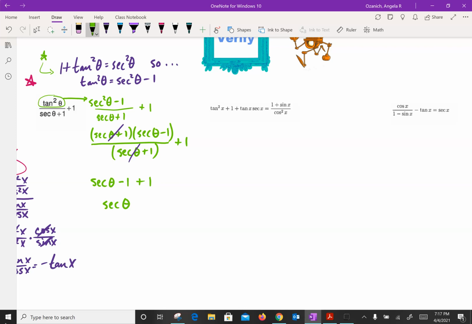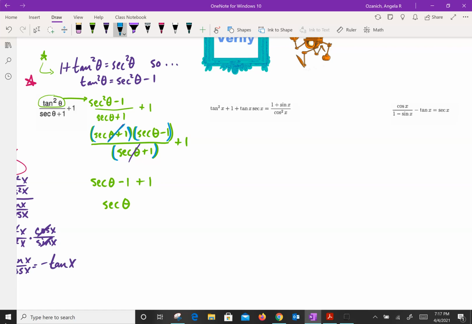The reason for doing that is I was looking ahead and thinking, maybe we can factor this into a difference of squares. So that in fact does factor into the difference of squares right here. And what is nice about that is I was looking at the bottom of my fraction and noticing that I had a secant theta plus 1 already here.